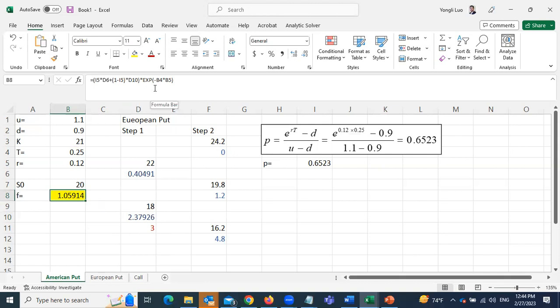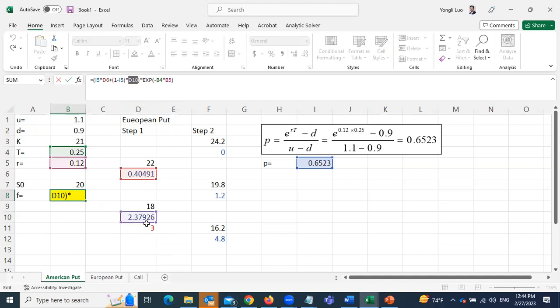Here is going to be 1 minus the probability times not D10. Instead, you have to use D11. Okay, so you change D10 to D11, then you can enter.